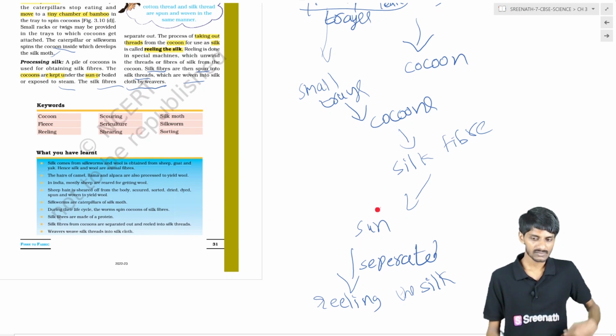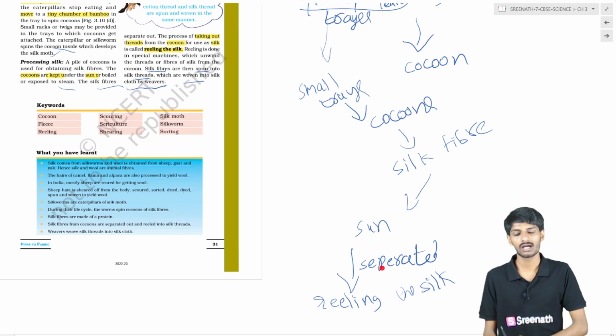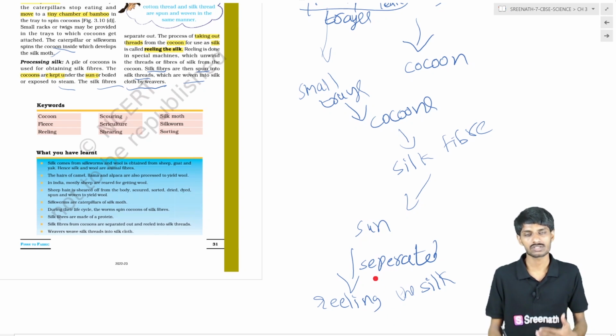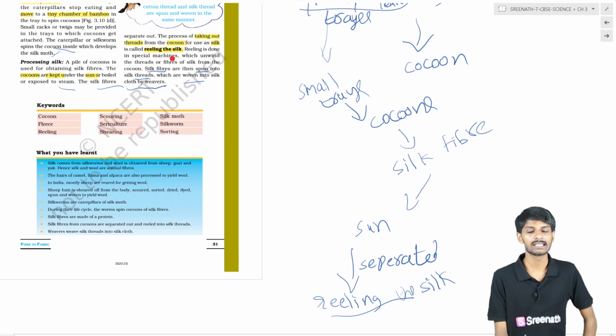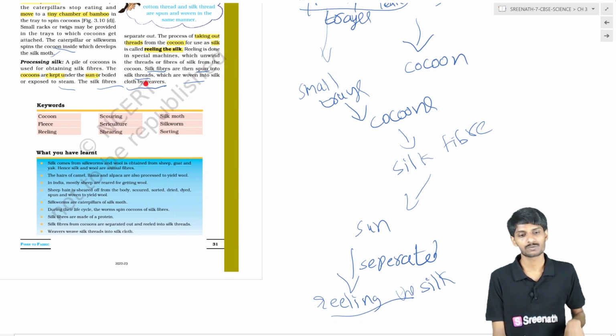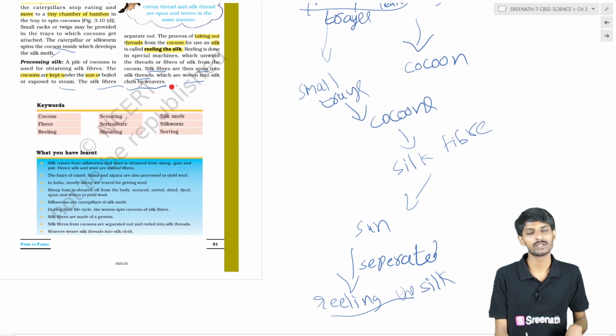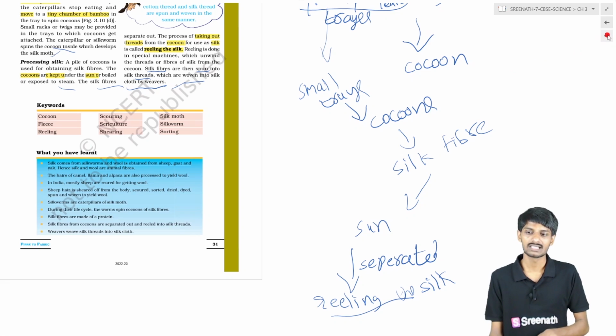After that, the silk fiber is separated from the cocoon. Finally, the process of separating the silk fiber from the cocoon, we call reeling the silk. After that we get the fiber, and the silk fibers are then spun into silk thread. So these fibers are spun into threads, and finally they are used to make silk cloth.